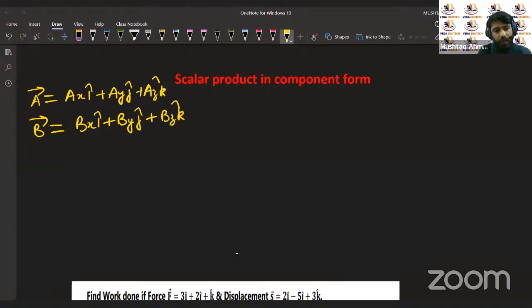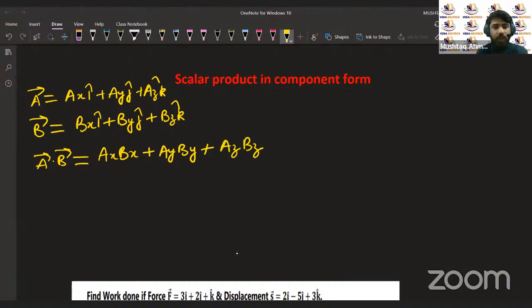So the dot product A dot B in the rectangular form is calculated as, we'll just multiply the x component of A vector with the x component of B vector, the y component of A vector with the y component of B vector, and the z component of A vector with the z component of B vector, and then add all these products. So it will be ax multiplied by bx plus ay multiplied by by plus az multiplied by bz.